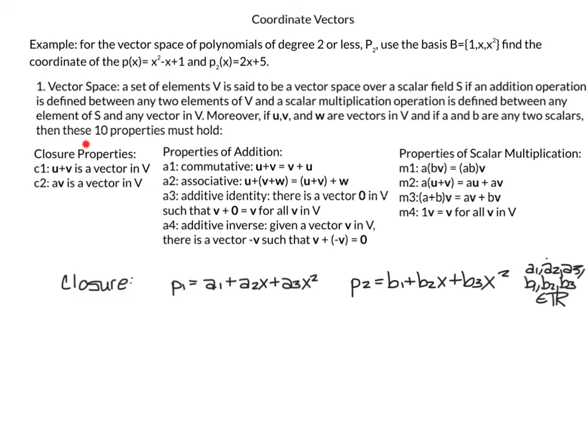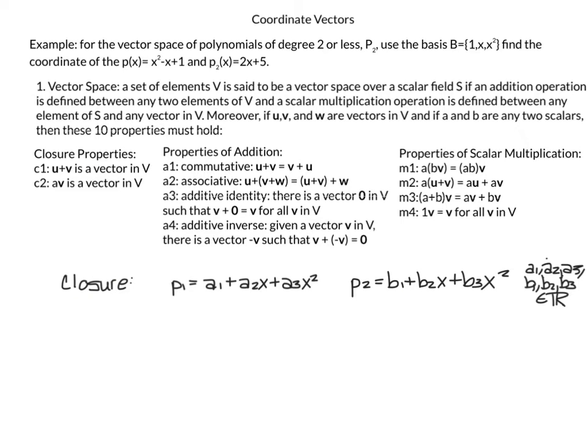And I said I would start by proving the closure property. So if we have two vectors and we add them together, they are still going to be in V. So two polynomials in our space of polynomials look like this. Maybe P1 is equal to A1 plus A2x plus A3x squared, where A1, A2, A3 are scalars. Then another polynomial that's degree 2 or less would be P2, which is B1 plus B2x plus B3x squared, where B1, B2, and B3 are scalars.